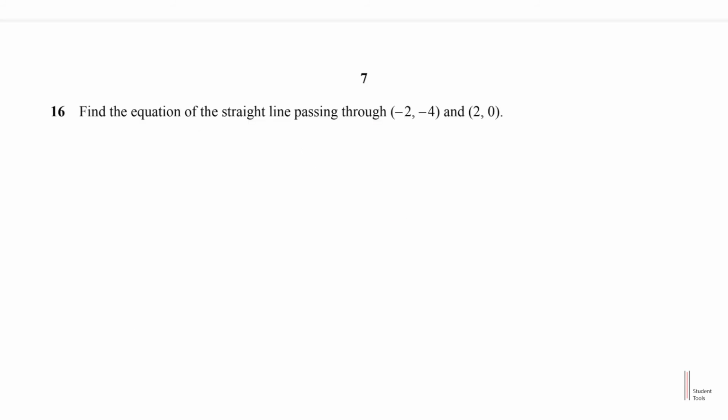Question 16, find the equation of the straight line passing through -2, -4, and 2, 0. So we have a straight line passing through -2, -4, and 2, 0. So we have to find the equation of that straight line. So we know that in order to find the equation of a straight line, we have a formula.